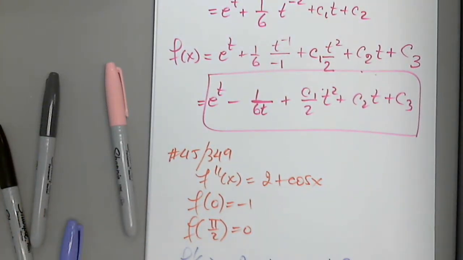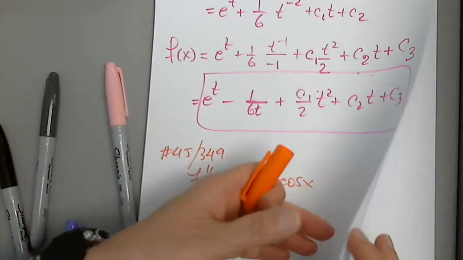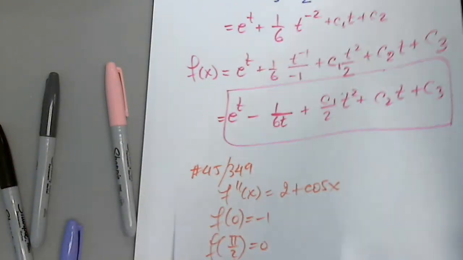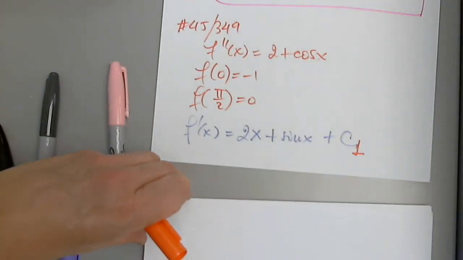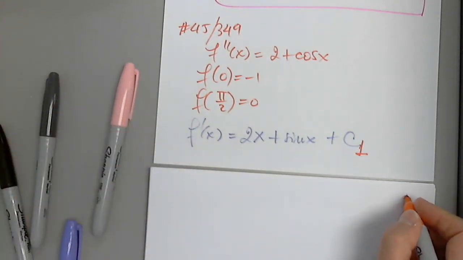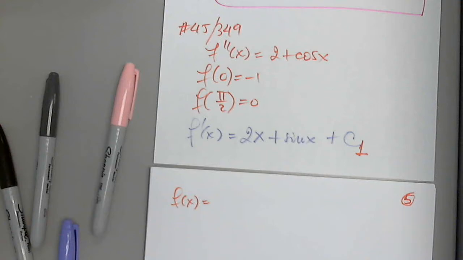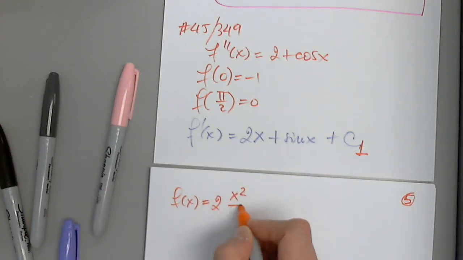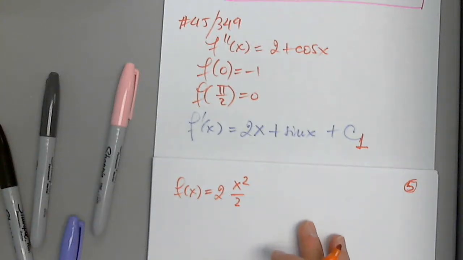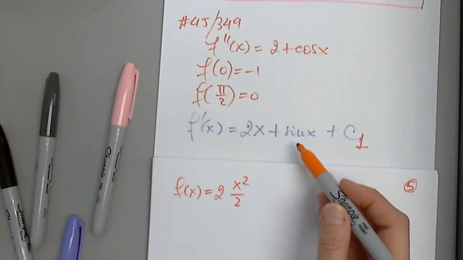I will call this C1. Any questions? Stop me, please. Good. So f of x. Which function prime is 2x? 2x squared over 2 for everyone to see. You already simplified. That's perfect. Which function prime is positive sine x?